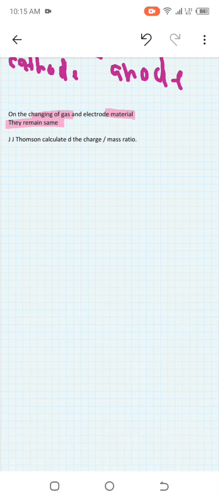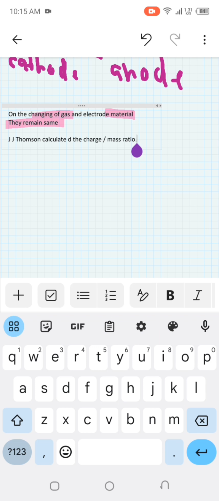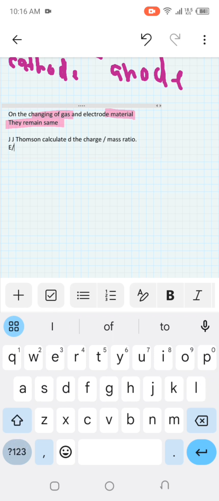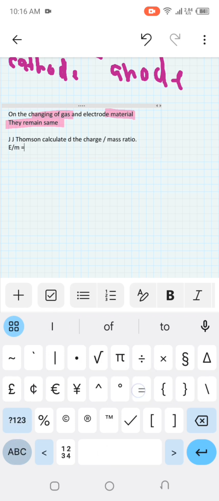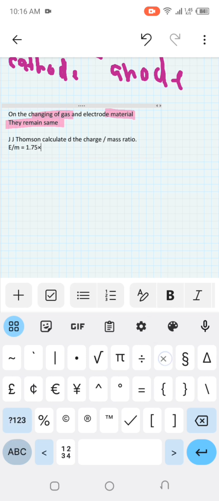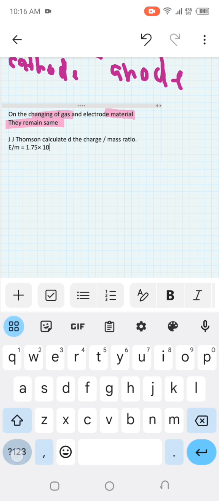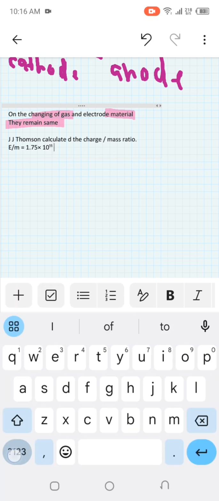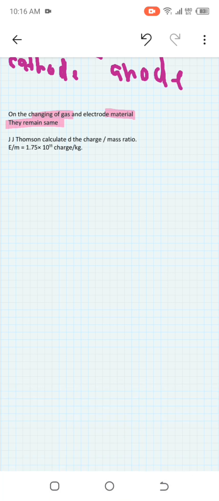The value of the charge to mass ratio is 1.75 into 10 raised to power 11 coulomb per kg.